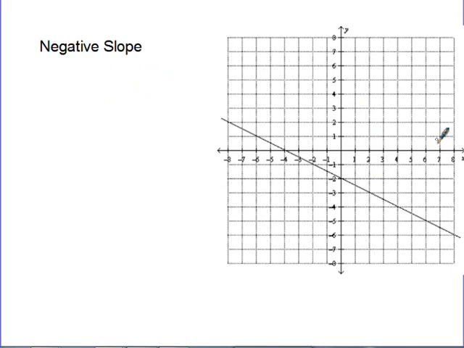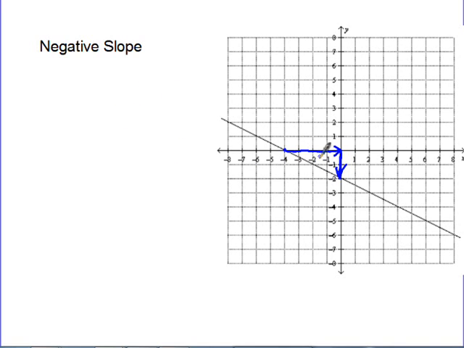Conversely, let's take a look at negative slope. It's a negative slope if, as x increases, in order to stay on the line, y is decreasing. So they're now doing the opposite thing. X is increasing, y is decreasing.